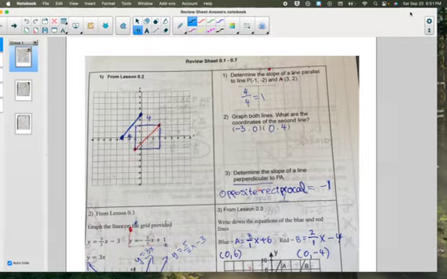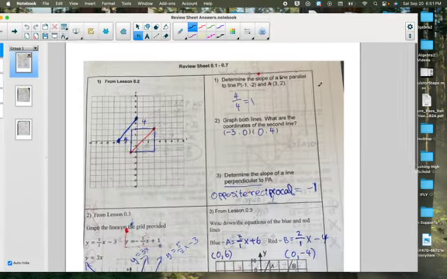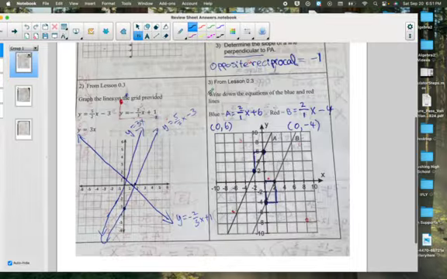So next, let's go over the second question, okay? Second question. Graph the lines on the grid provided, okay? In order to do this, you're going to go to your calculator and type in y equals. And then you're going to do alpha x to get the fraction, okay? Once you get the fraction, you're going to type in the first equation, okay?